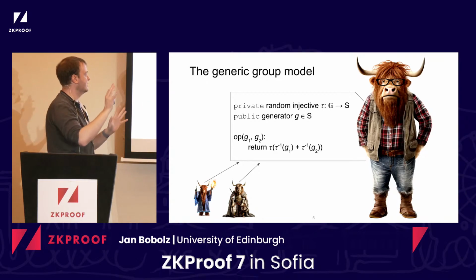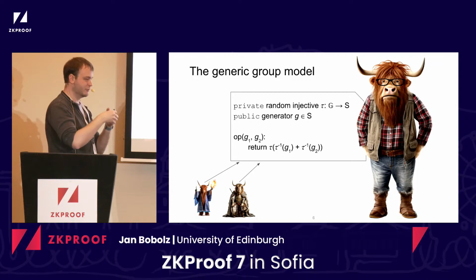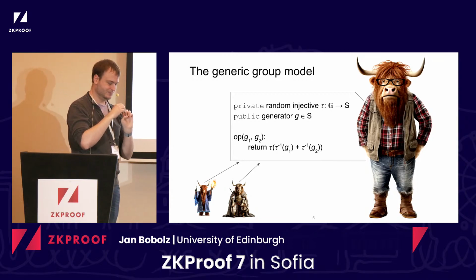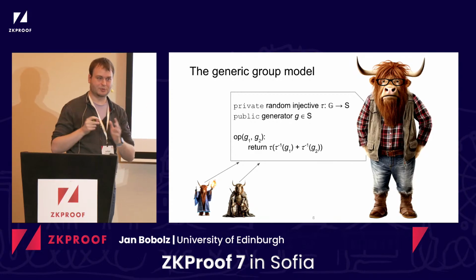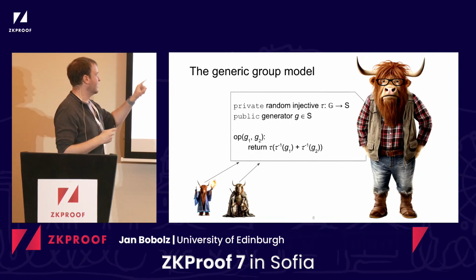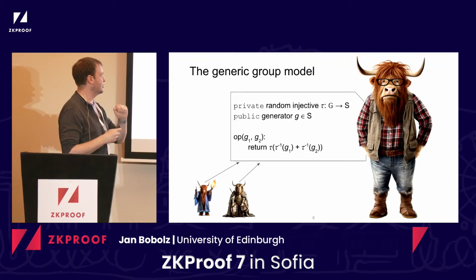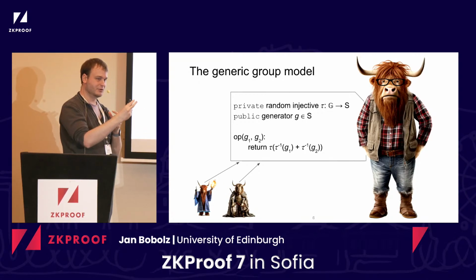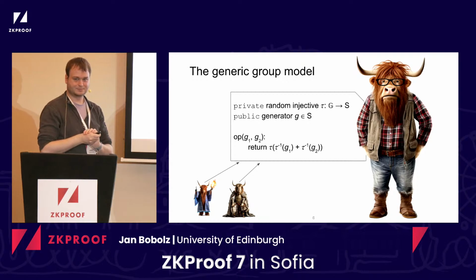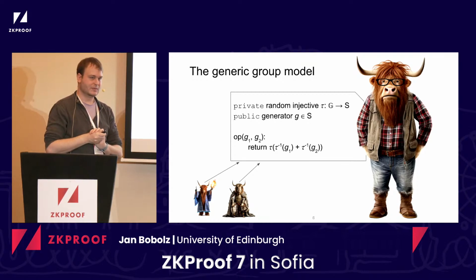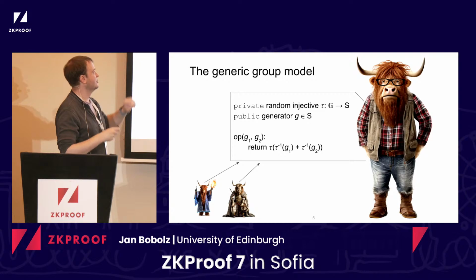We have some generator, and because all of the group elements are randomly encoded, the parties can't actually do group operations themselves. Instead, we give them access to this operation oracle, which takes two randomly encoded group elements, decodes them, does the group operation, additive in this case, and then encodes the result again. Okay. So this is a way of writing down the generic group model.